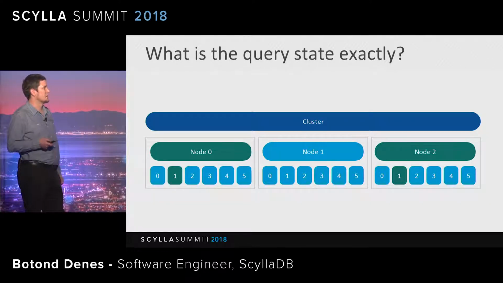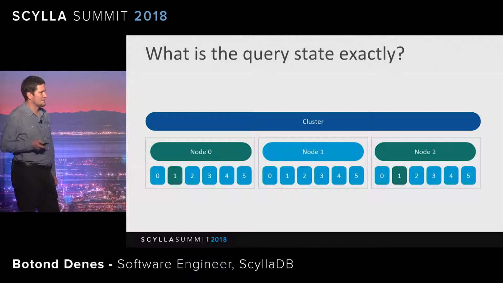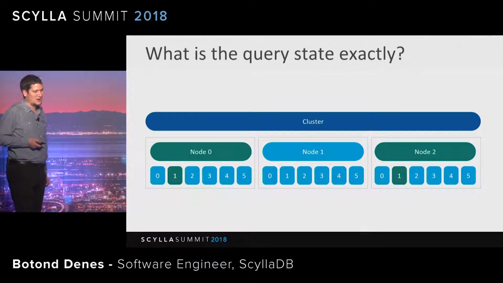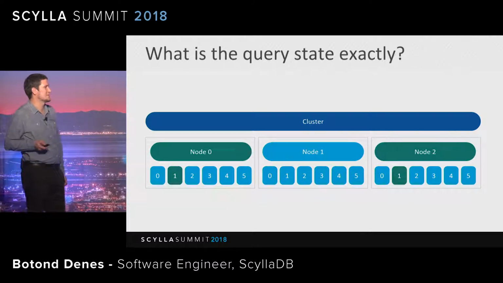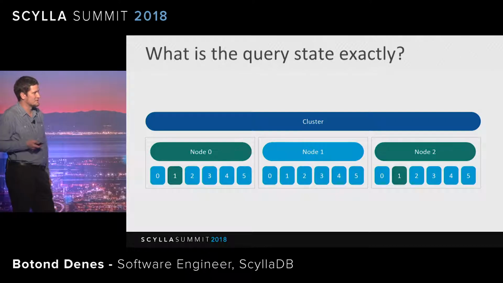We call this local state the Querier, and this is a concrete object that we have in the code. It contains all the state and logic required to serve the part of the query on that particular shard where it lives. An example query that might look like this is a single partition scan with a CL of 2 that hits these 2 nodes.